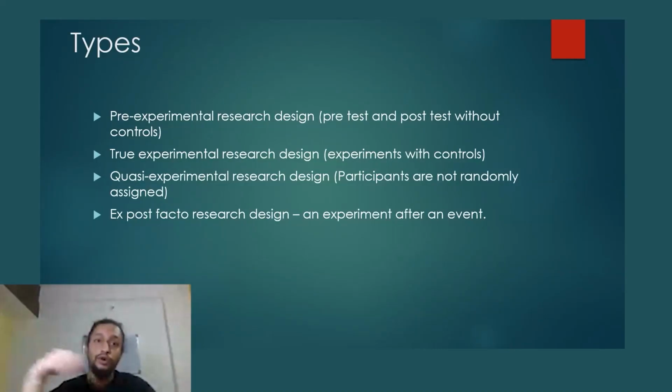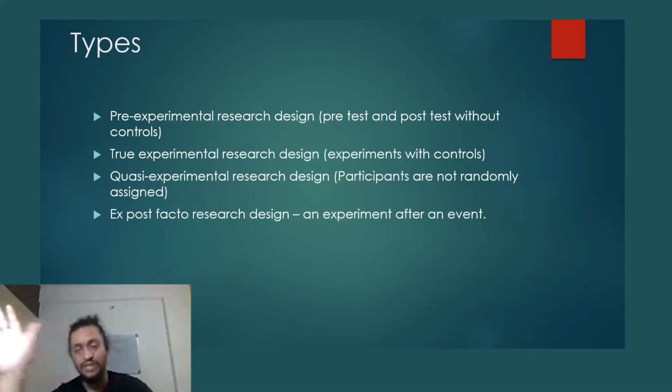After Corona, or when the tsunami struck in the southeastern belt, southeastern ocean, basically, right? That time, if you were testing people and their emotional resilience and whatever else, then you were sort of doing an ex post facto research design. So now that can be an experiment or not an experiment. That depends on how you want to run it, right?